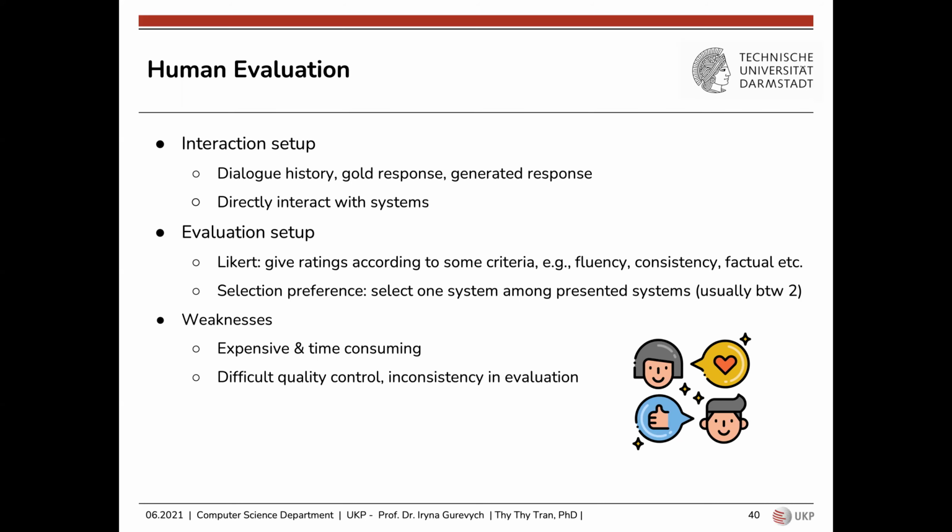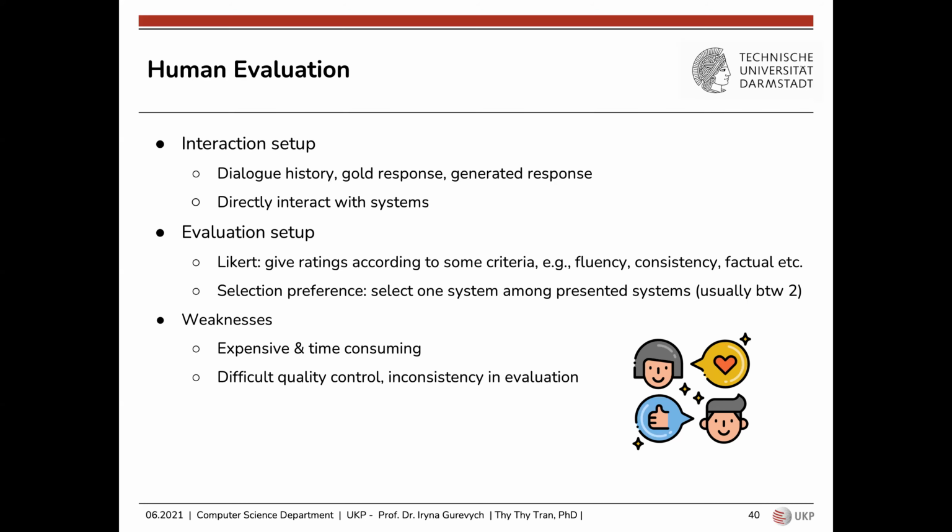In the second scenario, the person is provided an interactive interface to communicate with a system and then evaluates the interaction outcome. There are 2 ways of evaluation. First, human judgment is required to give ratings of a model according to some predefined criteria. The second way is to select between 2 given systems given their output.